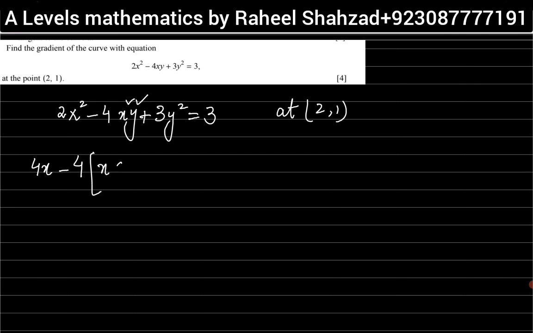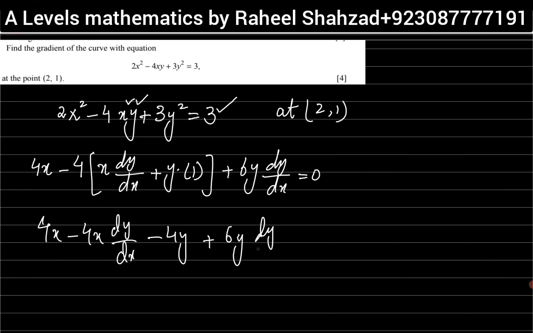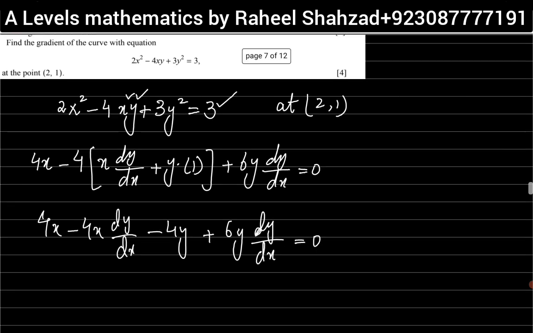So first function as it is, dy by dx, that is the second function, plus second as it is, derivative of first, plus it is going to be 6y dy by dx is equal to derivative of 3 is going to be 0. So this is 4x minus 4x dy by dx minus, that is 4y, plus 6y dy by dx is equal to 0.